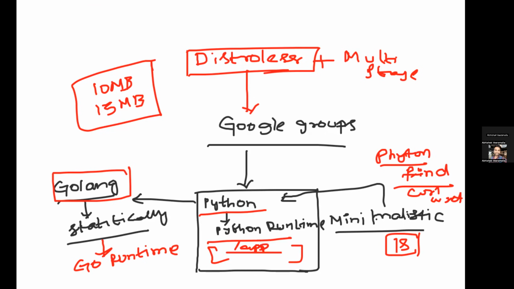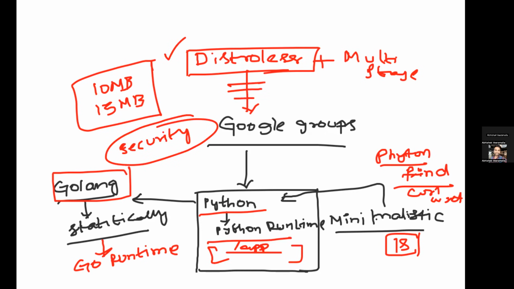One of the biggest advantages that you get from distroless images is security. Other than reducing your container image size, you will have the highest security with distroless images. This is something you can answer in your interview as well.